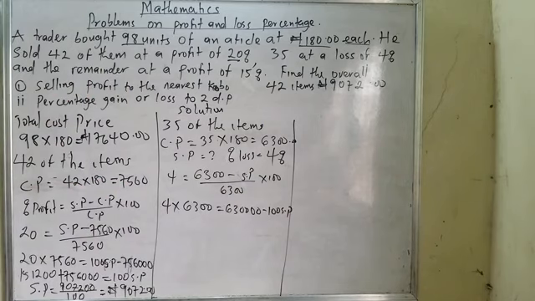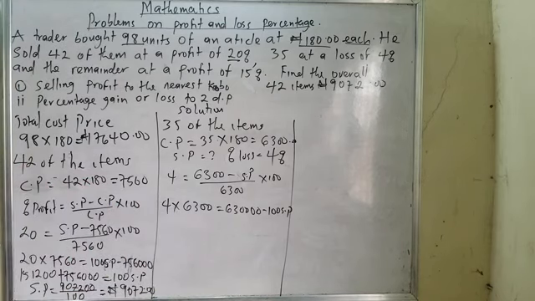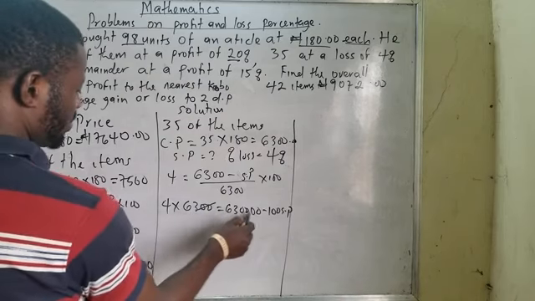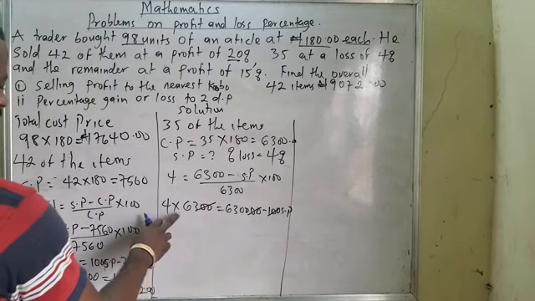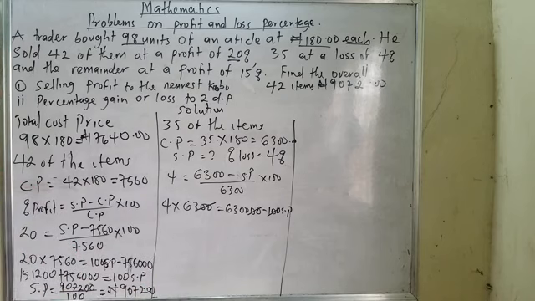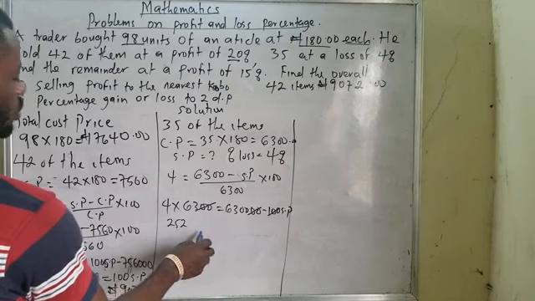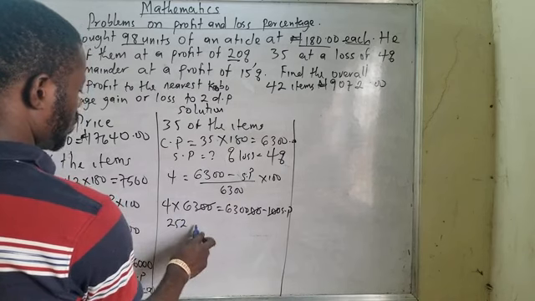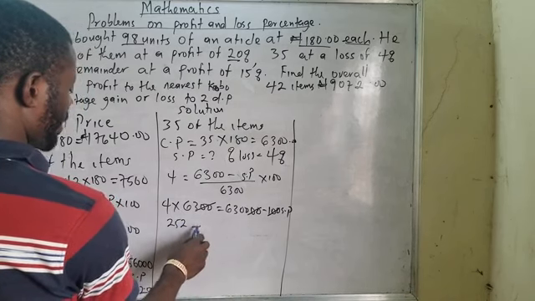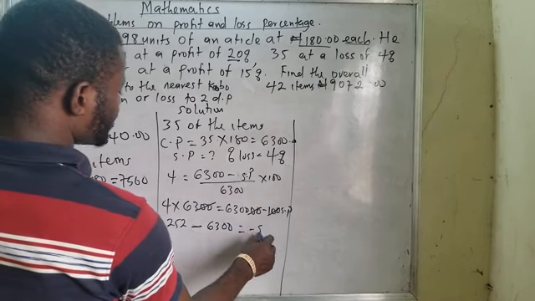If I multiply that together, normally I can reduce everything by 0, to avoid silly mistakes. This times this will be 252 equals 6,300 minus selling price, which is to say 6,300 minus 252 equals selling price.